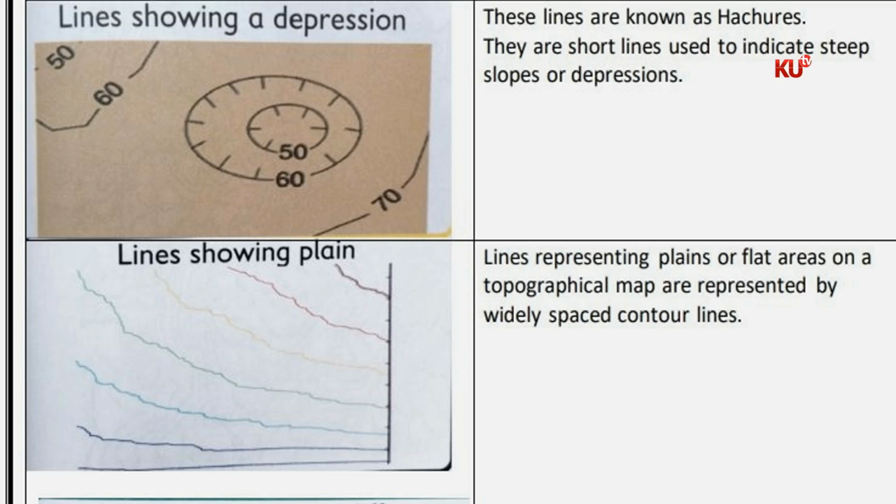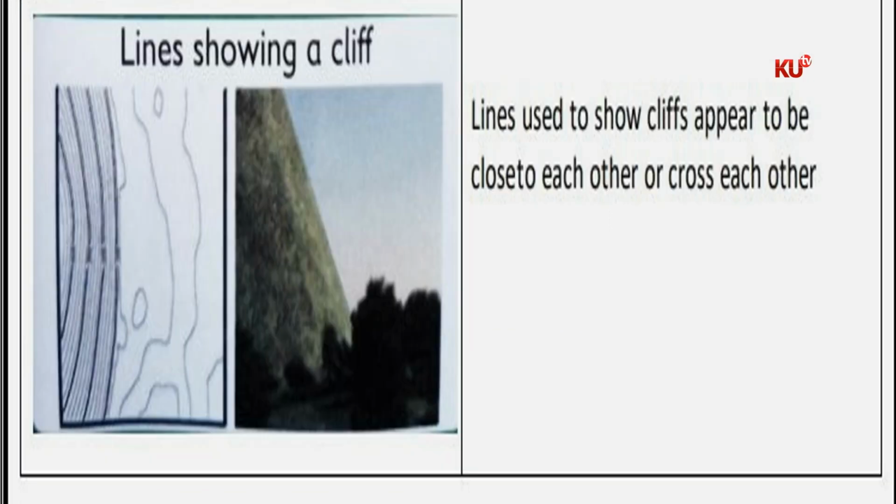Then, lines showing a cliff. They are lines used to show cliffs. They appear close to each other or across each other. So in lines showing a cliff, either they are together or they are crossing each other.